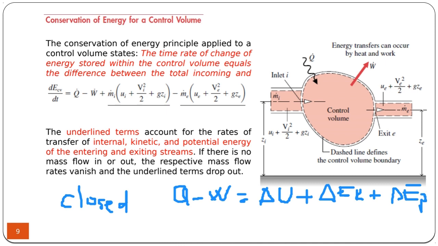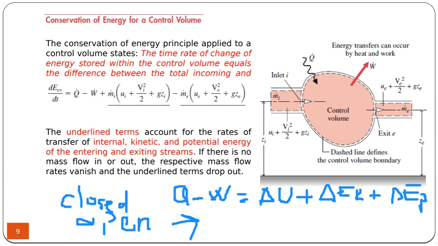But in open systems, we also have the effect of the energy carried by the mass as kinetic, potential and internal energies. So this effect is shown here as the energy carried by the mass.